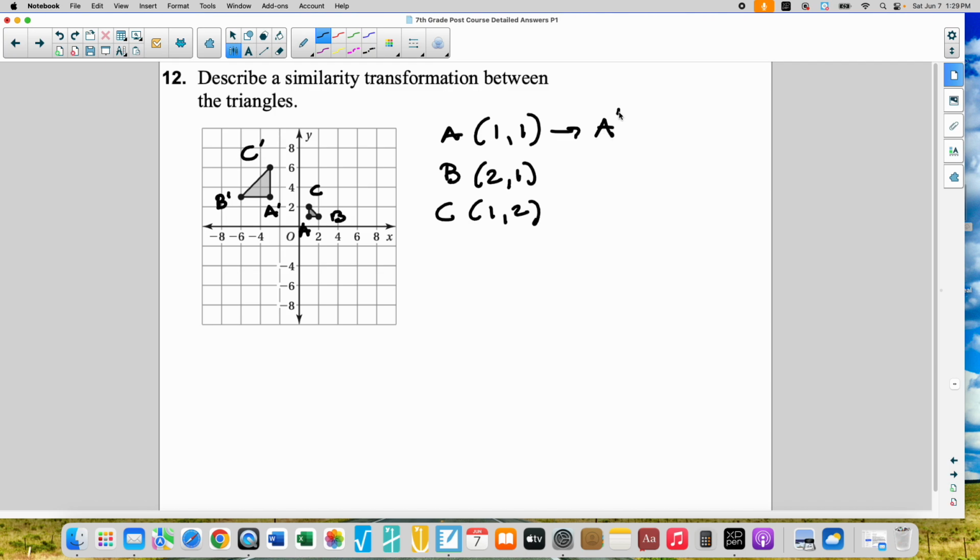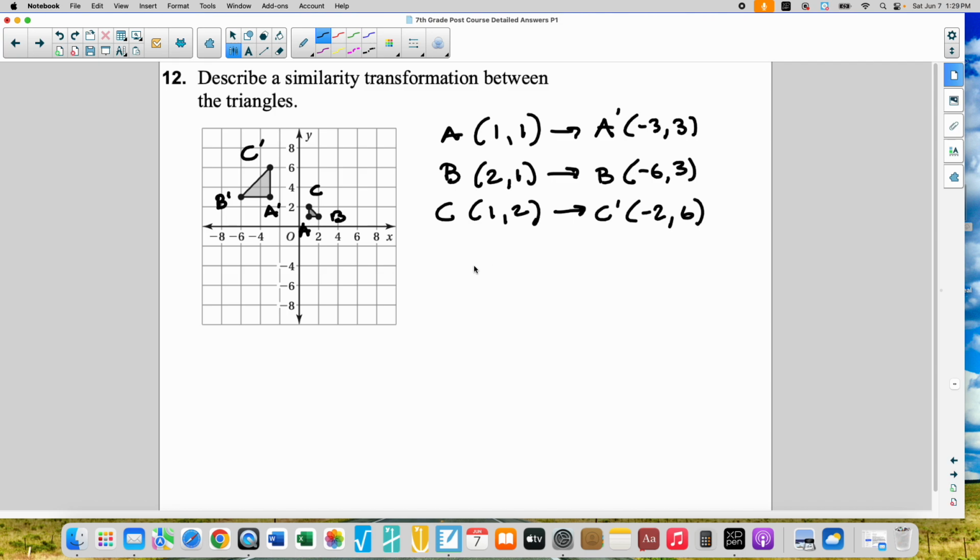So A prime is -3, 3. B prime looks like it's -6, 3. And C prime looks like it's -2, 6. So we're going to increase by 3.